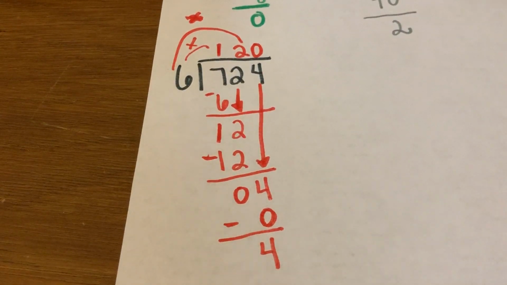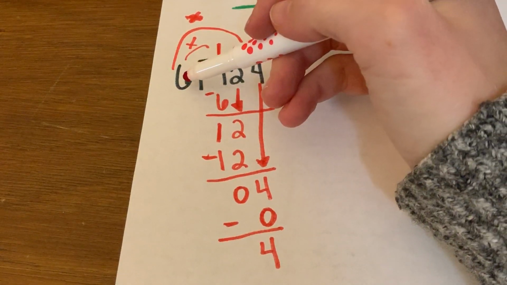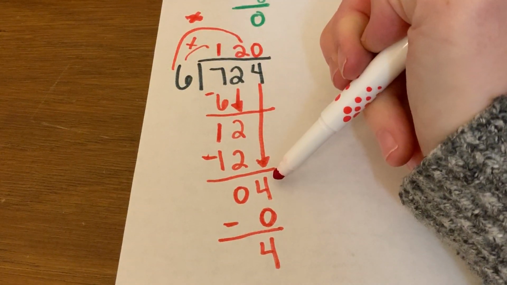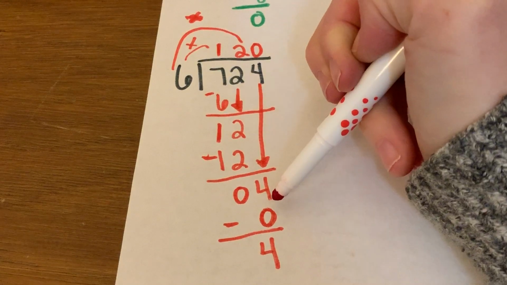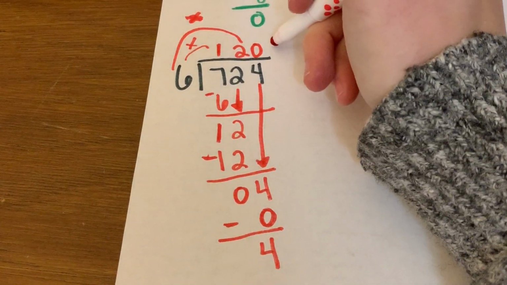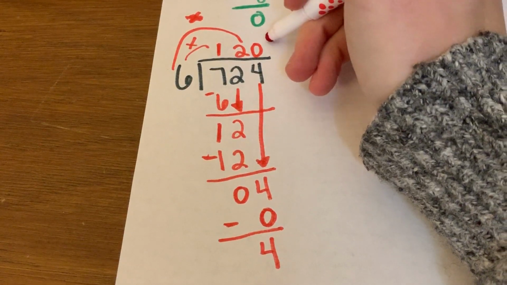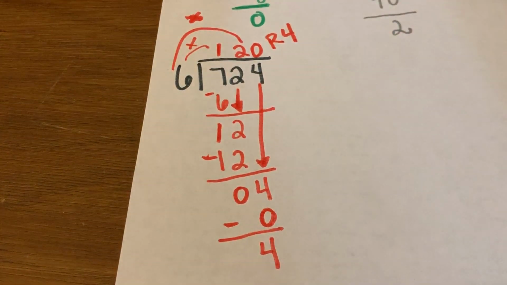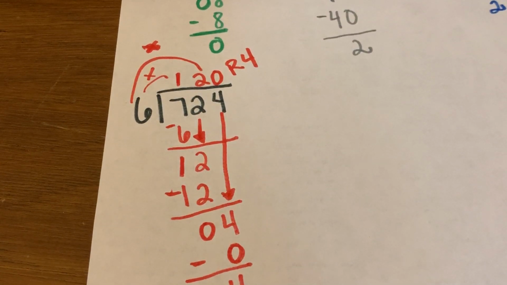I couldn't do 6 times 1. It was too big with this 4. I still subtract that 4. There's nothing more to bring down, so there's no repeating. There's just a remainder of 4. 120 remainder 4.